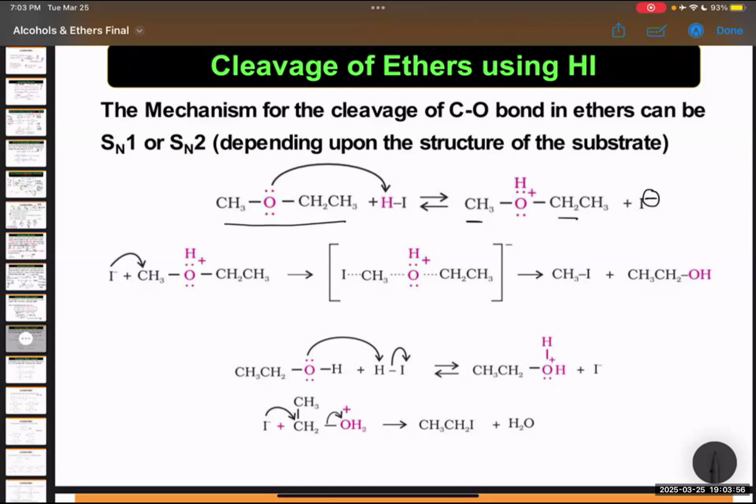So this is SN2 cleavage, where you do not have any stable cation. I minus will join itself to the smaller alkyl. So you have CH3I and ethanol. Got it?